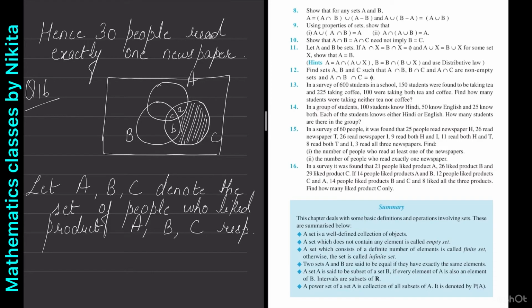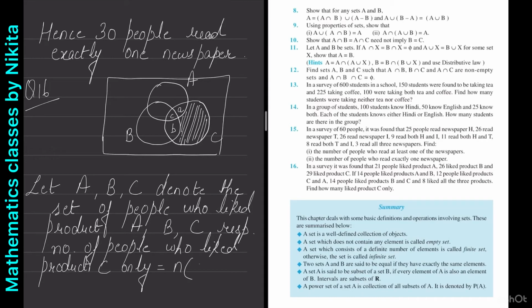So the number of people who liked product C only is equal to n of C minus (A plus B plus C). So this is how we have to find.